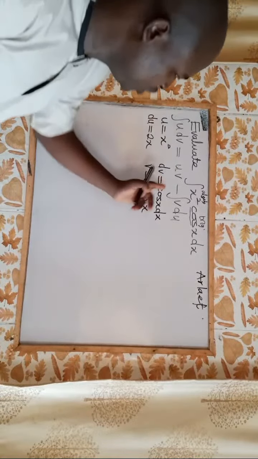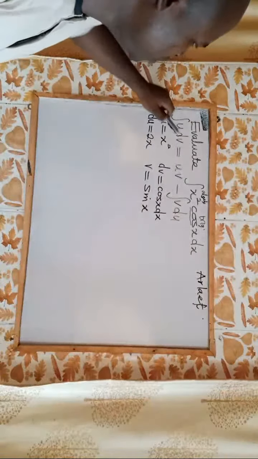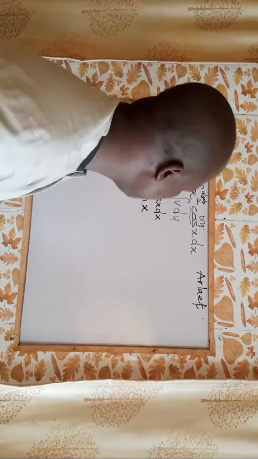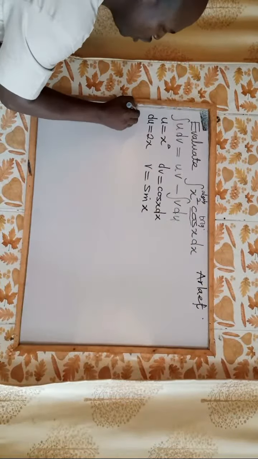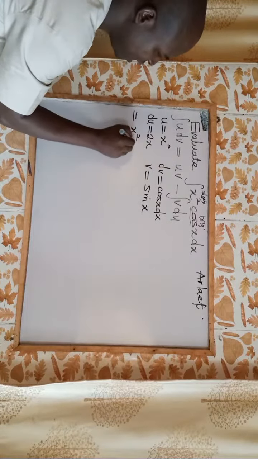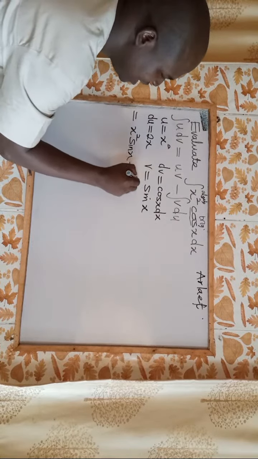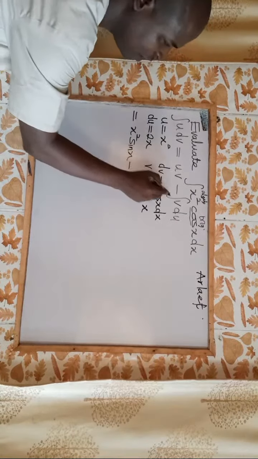Now we need to go back to the formula. From the formula, we have integral u dv is equal to uv minus integral v du. Going with the formula, we will have uv, that will give us x squared sine x. Then minus integral v du.